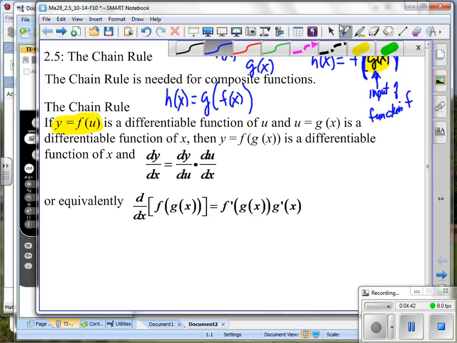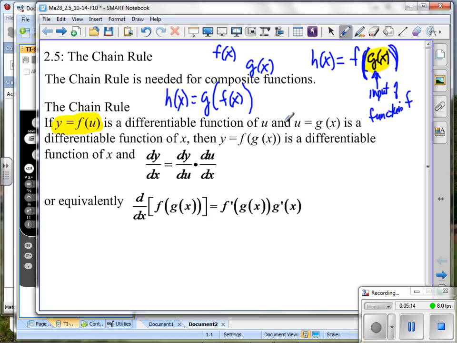Y. We could also say the output is f of u. Either one of those ways of saying it. So the input is u, the output is y, or f of u. It's a differentiable function. What does it mean that it's differentiable? Yeah, it has a derivative. You can find the derivative. The derivative exists. Any of those phrases would work. So this function, you can find a derivative for it, and it does exist.